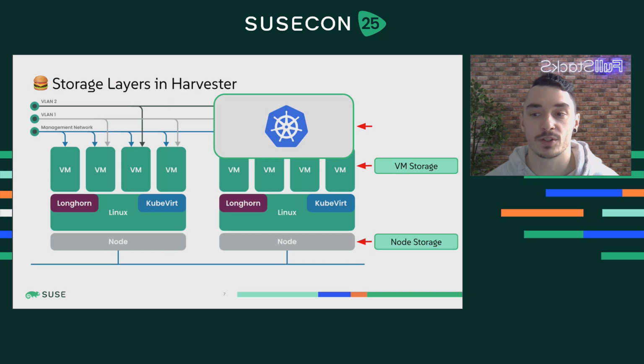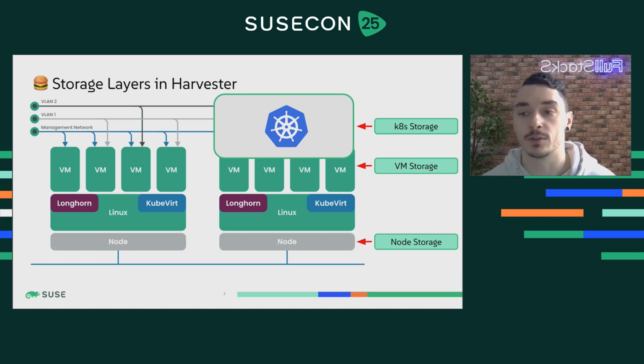So this is storage that can be consumed by the virtual machines created in SUSE Virtualization. And the last piece of storage, drawn here on the very top, but this is also true for the Kubernetes within Harvester, is Kubernetes storage, which pretty much will provide storage to pods.